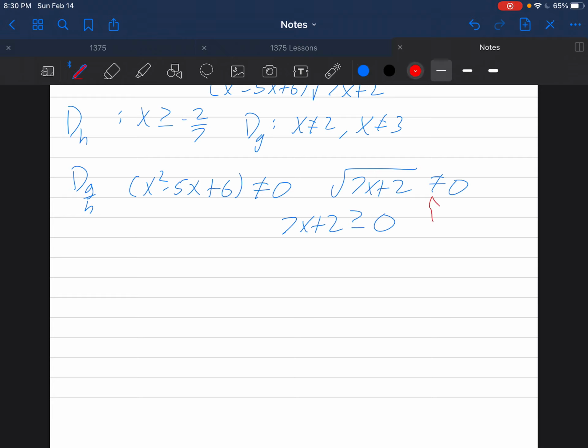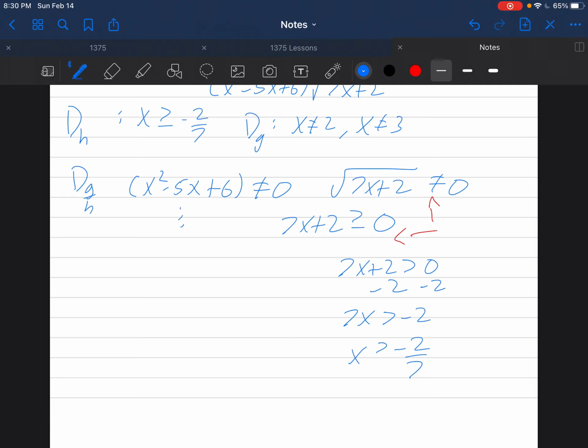So if we look at these two in combination with each other, this essentially means that 7x plus 2 has to be strictly greater than 0. Again, this is slightly different than what we do with radicals, but because this radical is in the denominator, that means this radicand is strictly greater than 0. So if we take this, 7x is greater than -2, divide by 7. Oops, I put that greater than or equal to by habit. X is strictly greater than -2 over 7.